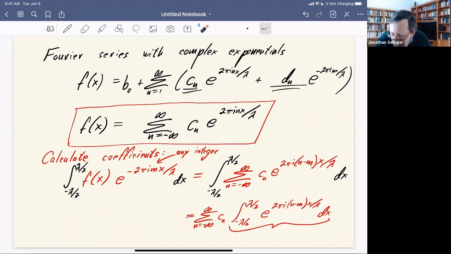That's if n is different from m. But if n is the same as m, then this is just the exponential of 0, so it's 1 integrated over the cycle from minus lambda over 2 to lambda over 2. So then the integral is just lambda. We put those things together and say this integral is lambda times the Kronecker delta, not L, excuse me, m n.